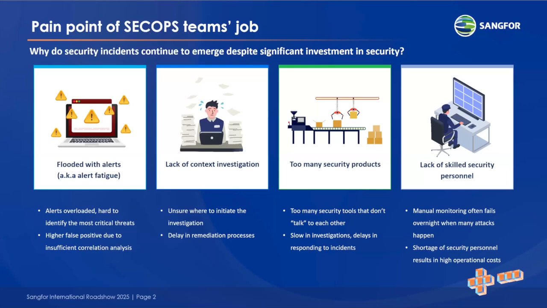That is very hard. And there are so many alerts, with different alerts representing different incidents. With one or two security analysts, how do you analyze so many alerts from different vendors? So the first thing is being flooded with alerts: alert fatigue.